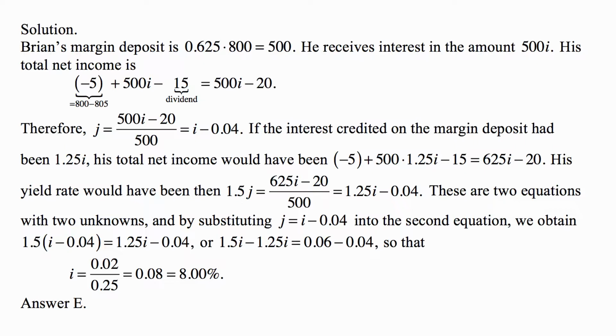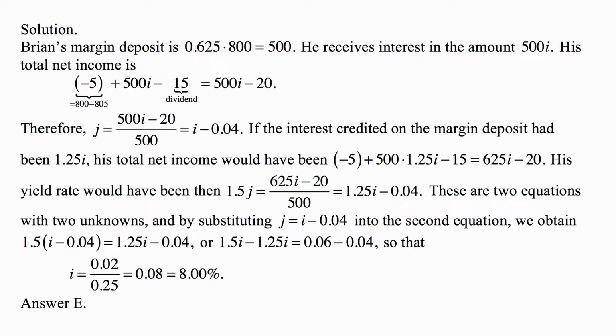If the interest credited on the margin deposit had been 1.25I, his total net income would have been -5 plus 500 times 1.25I minus 15, so 625I minus 20. His yield rate would have been 1.5J, that's what we are told in the problem, but it would have been 625I minus 20 over 500, so that's 1.25I minus 0.04.